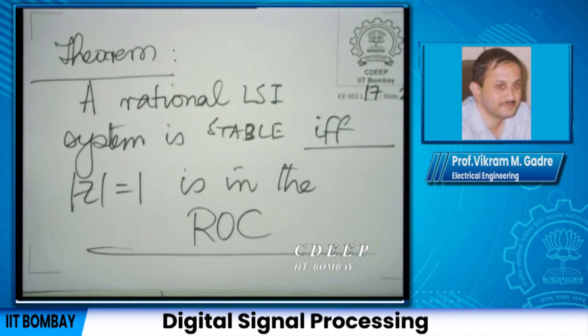And of course, now we know what happens when you want the system to be both causal and stable. If you want the system to be both causal and stable, the unit circle must be in the region of convergence, and mod z tending to infinity must be in the region of convergence. And the region of convergence is a simply connected region, so you can't have pieces.